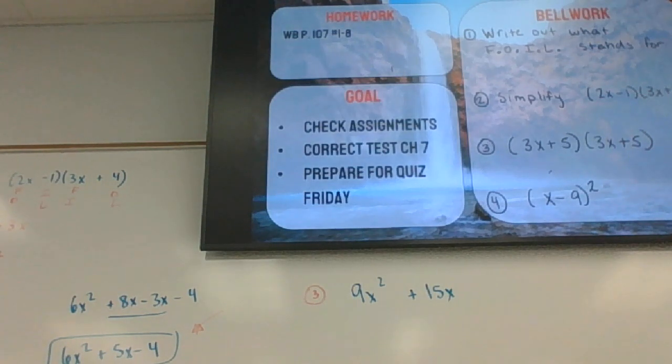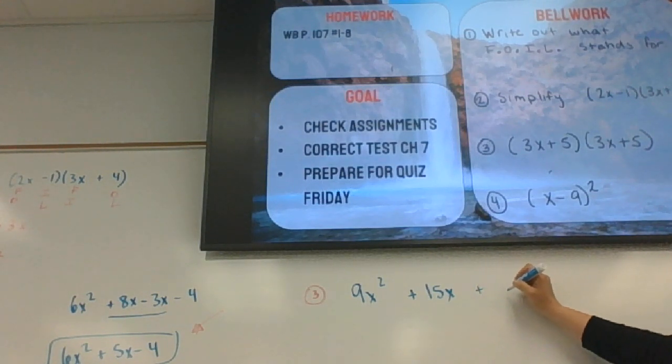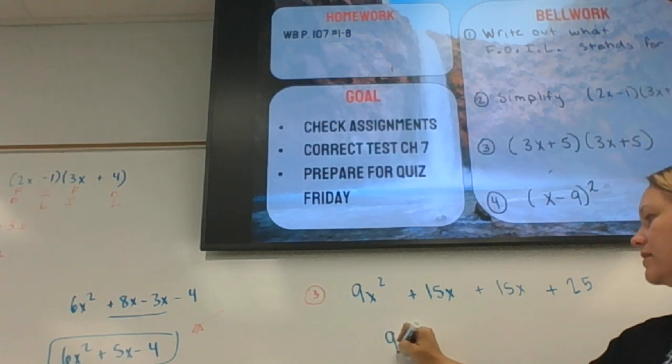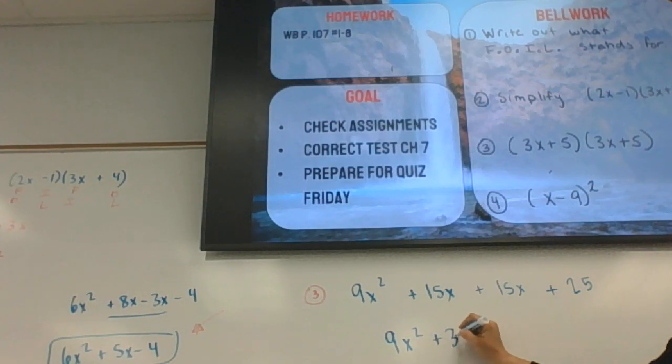And what are the inside terms, Gabriel? This is a complete 5 and 3x. And what would the last terms be, Patrick? 15x and 25. Alright, so the result is 9x squared plus 30x plus 25.